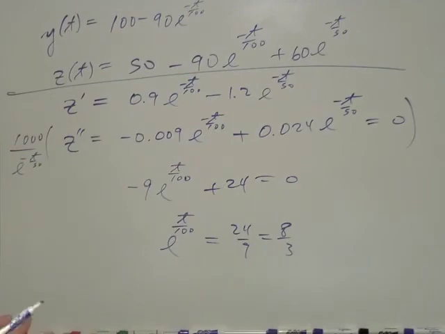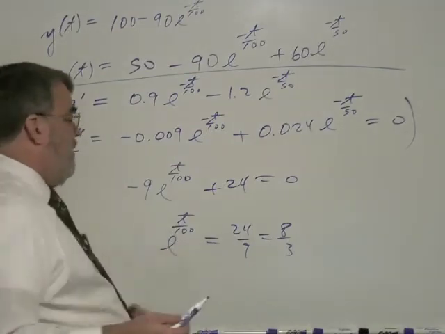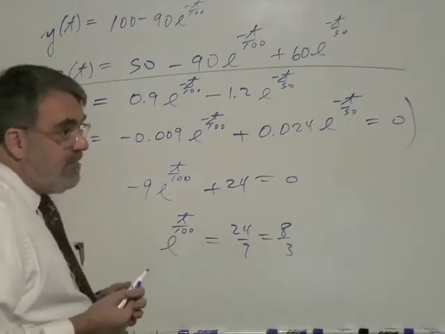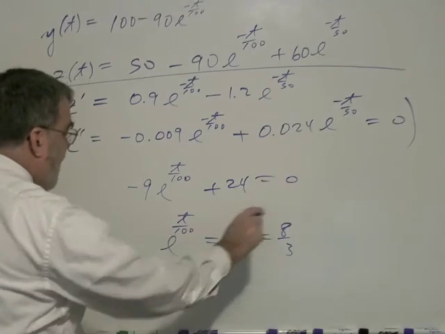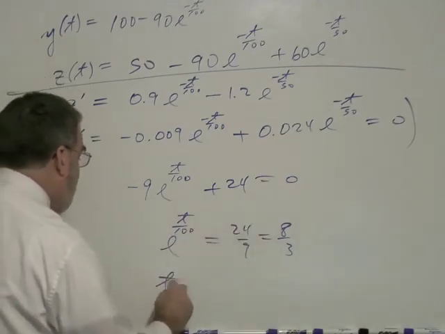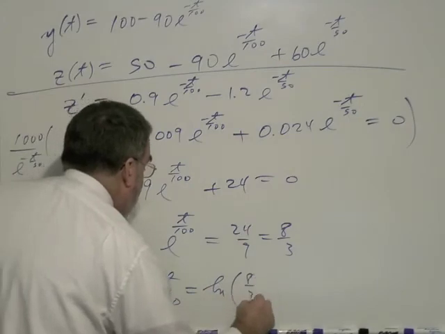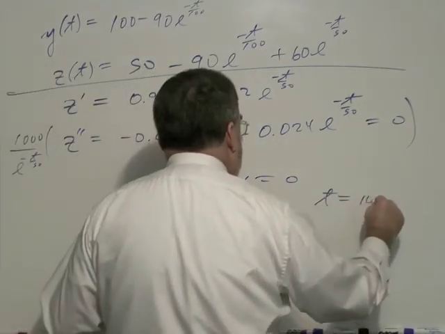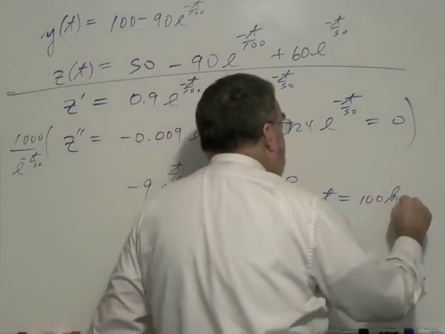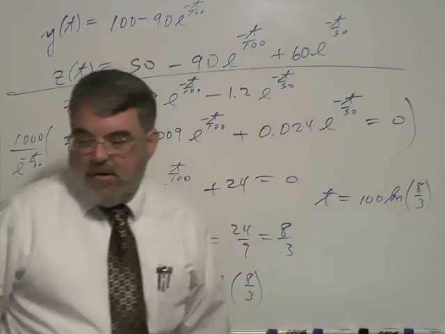Now that's interesting, isn't it? Because before we were solving e to the t over 100 equals 4/3. Now it's 8/3. And alright, if I take the natural log of both sides, I get t over 100 equals natural log of 8/3. So t is 100 times natural log of 8/3, and let's see what that comes out to.